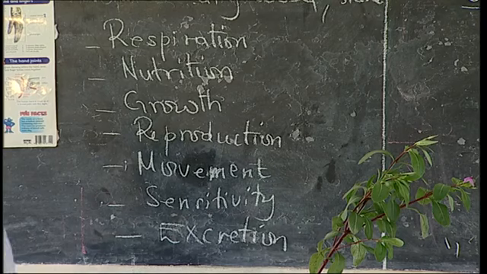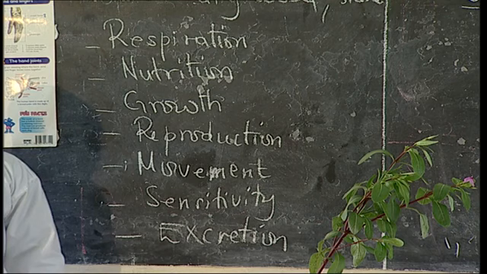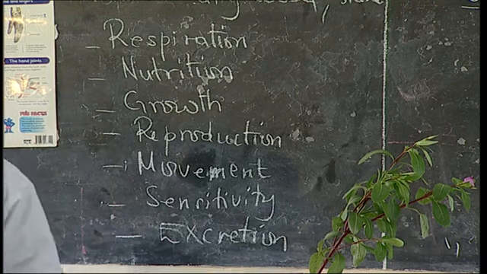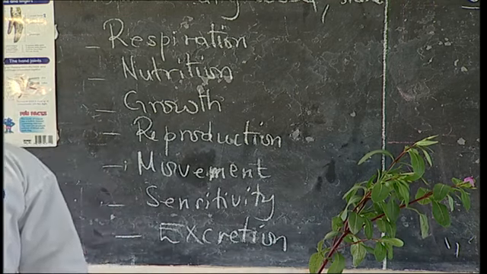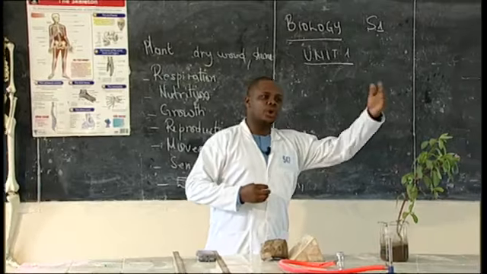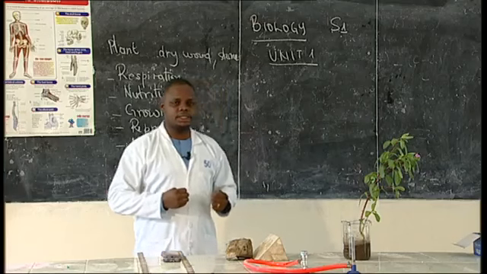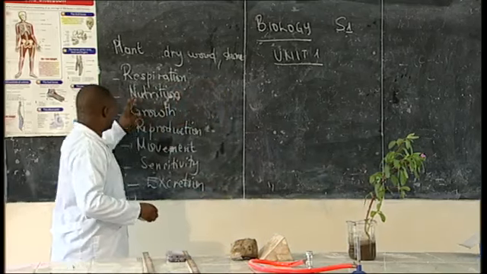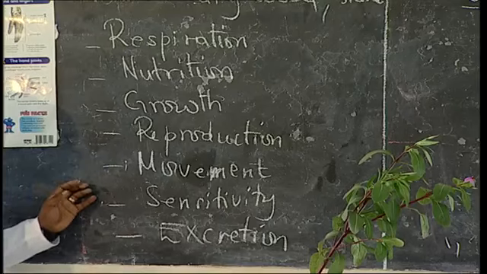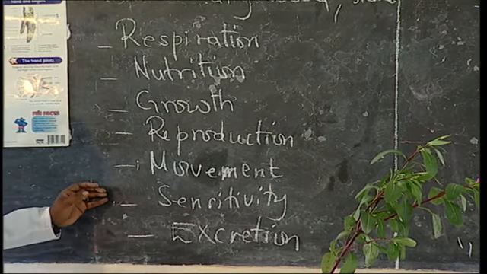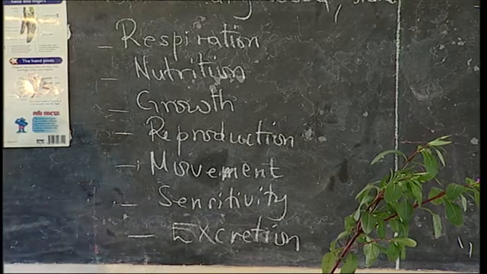It means removing waste products from the body, like excess water. Plants give out oxygen, animals give out carbon dioxide, and so on. So these 7 traits show that an organism is living.